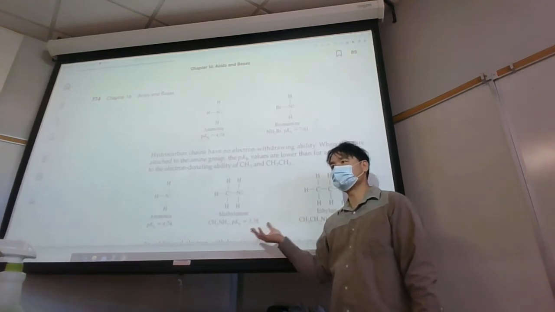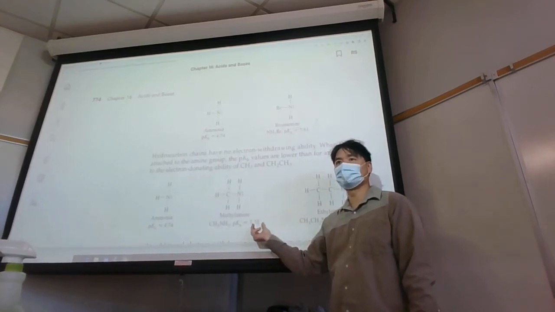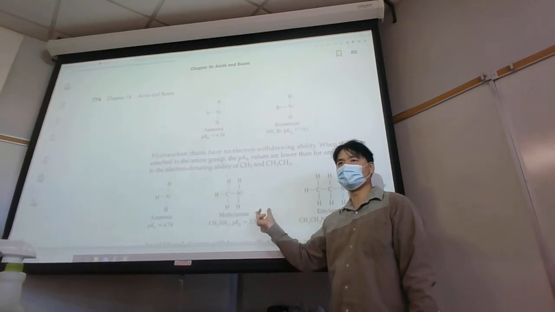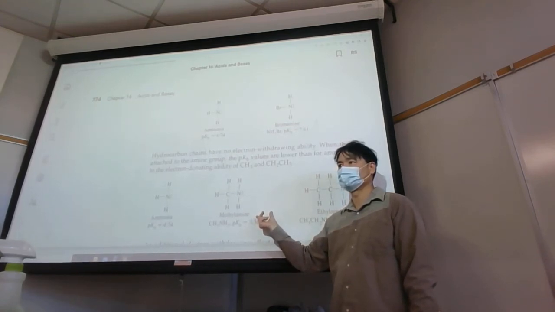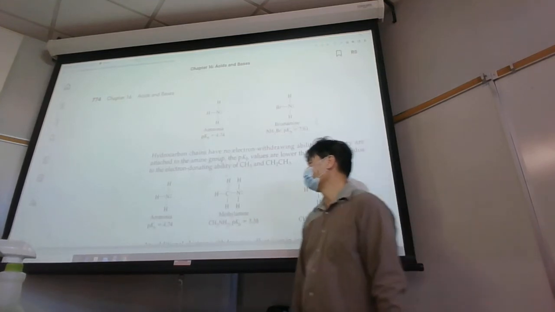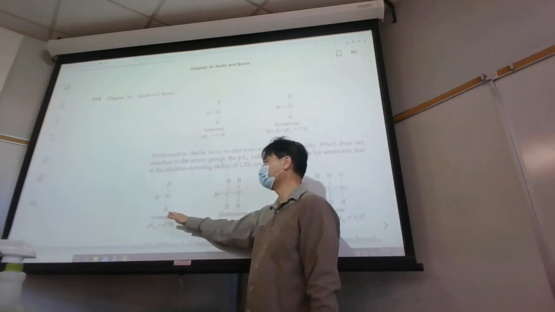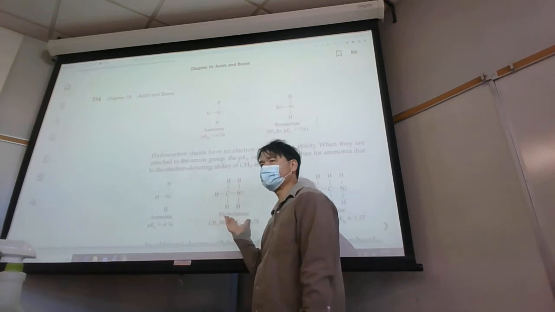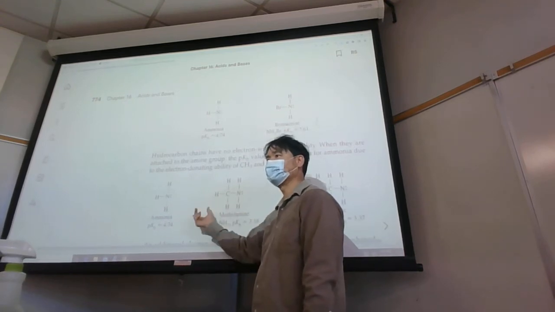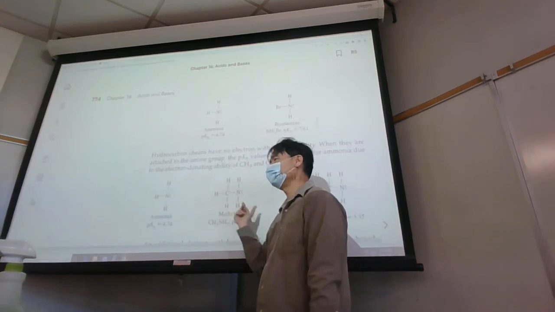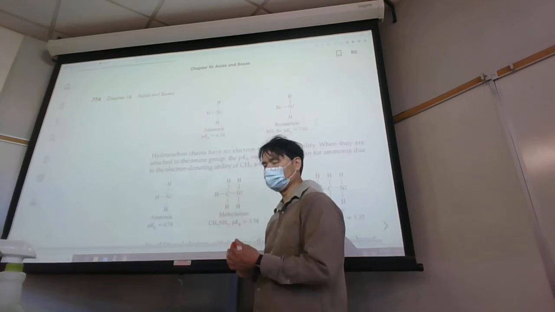And so if it's 10 to the -3, 10 to the -4, the power, then you would think this would be a stronger base or a weaker base. In other words, this is about 10 to the -5. This is about 10 to the -3. Which one would be the stronger base?